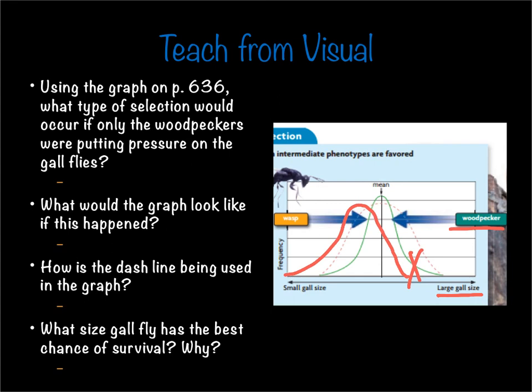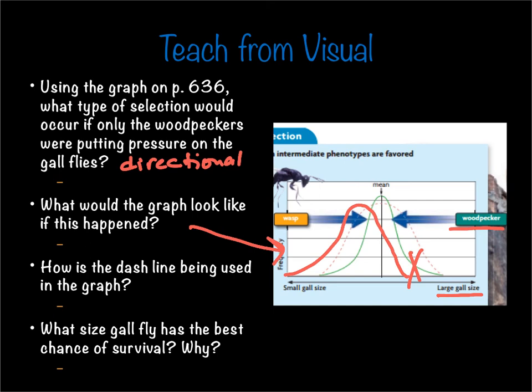Okay, so this is directional, and the graph would look like that. The dashed line is being used as the original or the normal distribution of alleles before environmental pressures on this population.